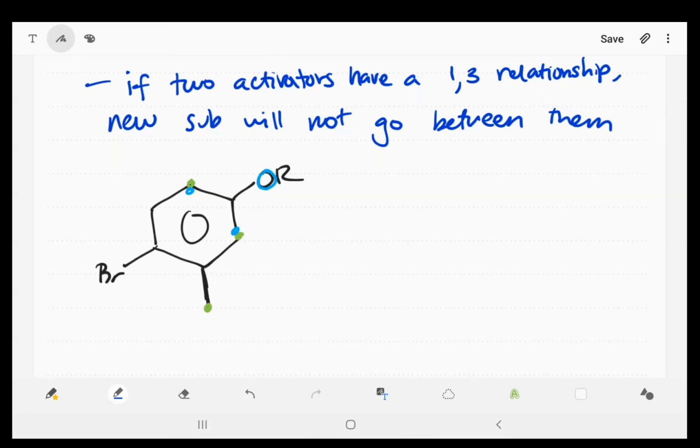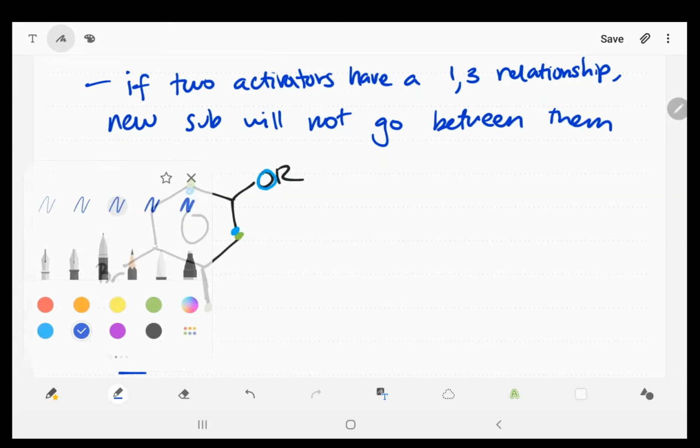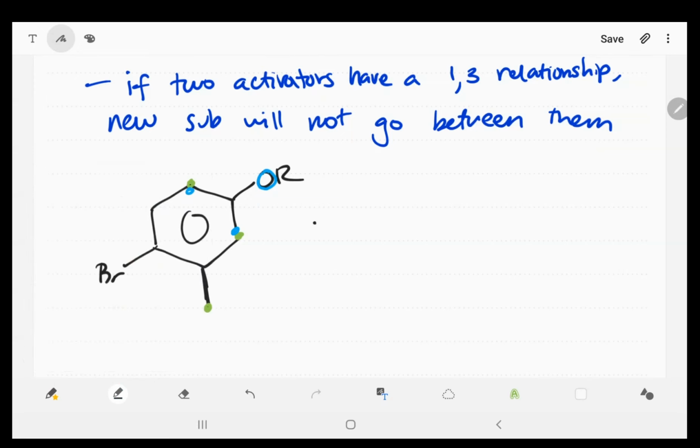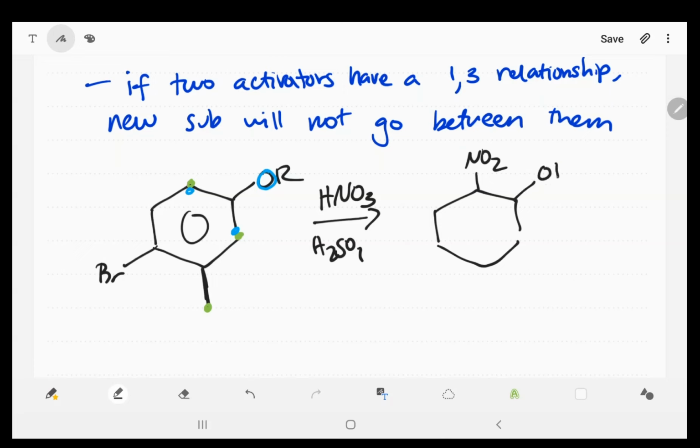So there are still sterics to consider with all these electronic rules that we're talking about. If we nitrate this, or whatever, we will end up getting our nitro group up there. We're not going to get a mix of products.